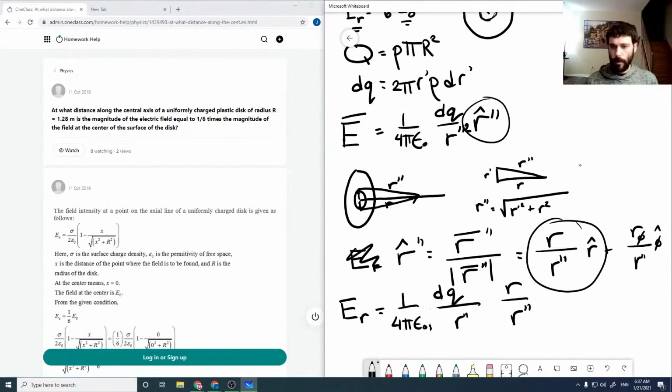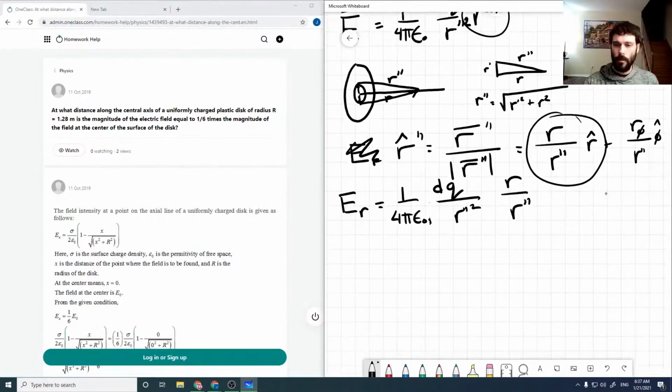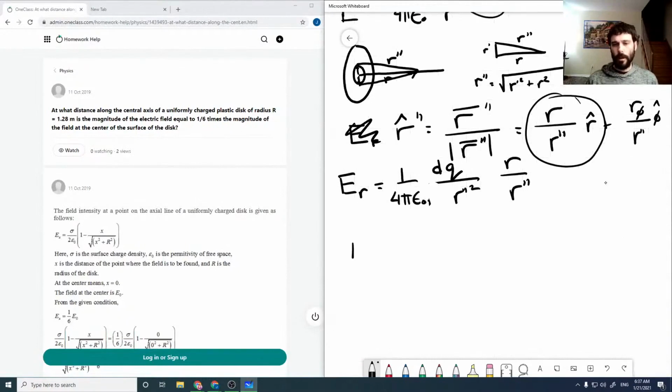So r double prime squared, or ER, is r over 4 pi epsilon naught dq over r double prime cubed.